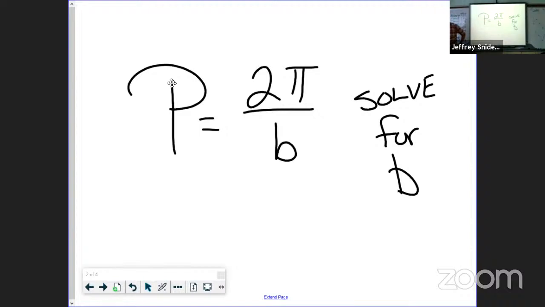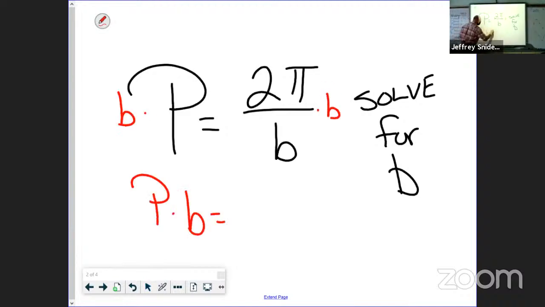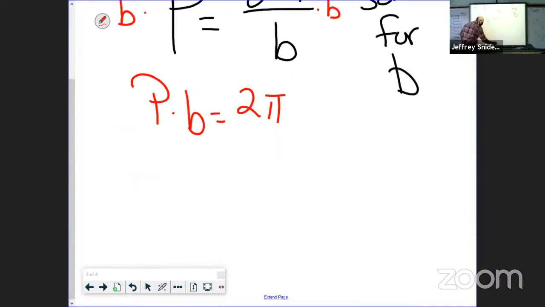Yeah, multiply both sides by B. So now I've got P times B equals 2 pi. Oh, so what does B equal? 2 pi over P. Oh! That's not so bad.